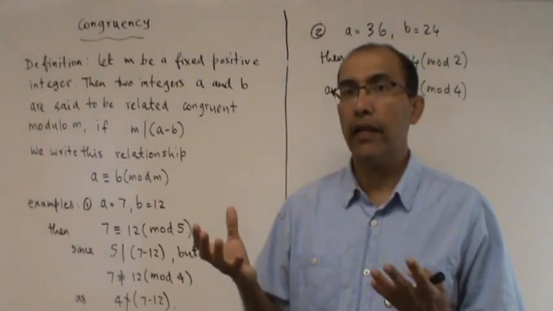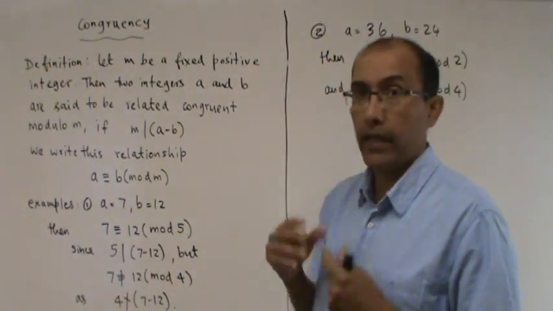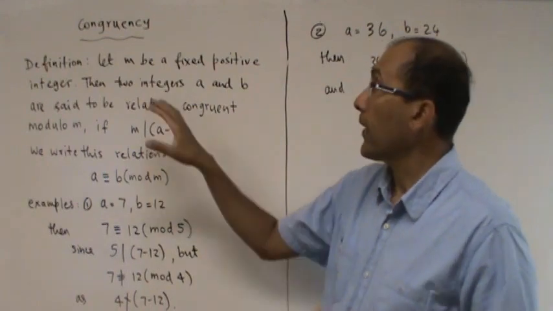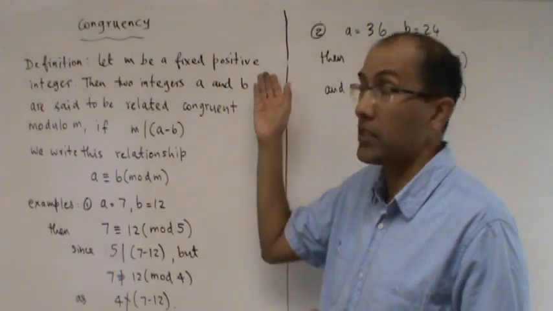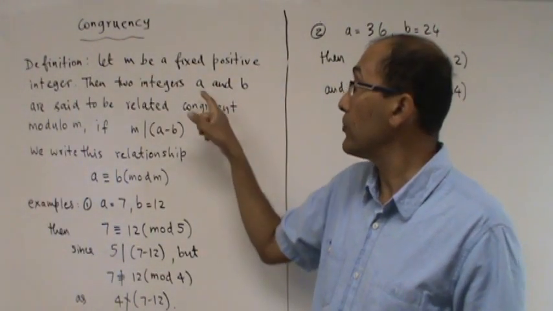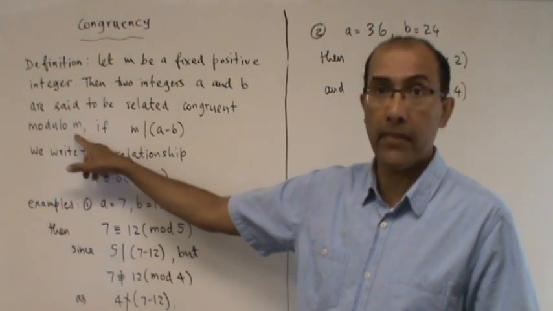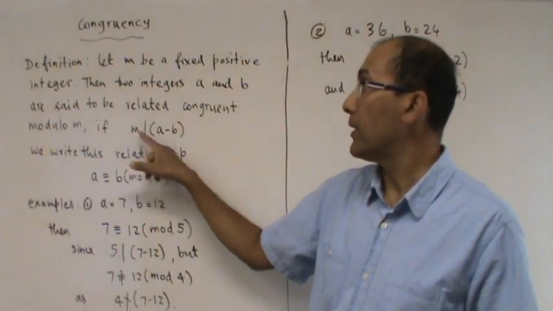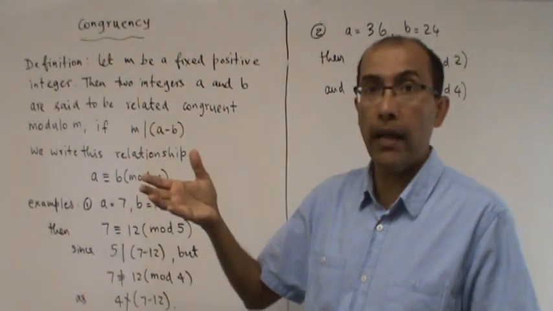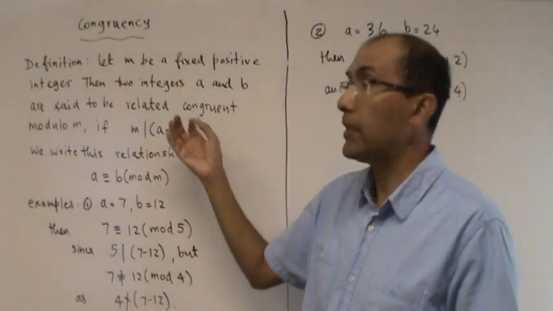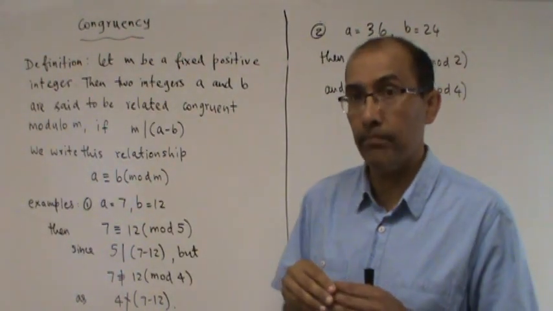This brings us to our next topic, congruency. And again, a very simple idea. Let m be a fixed integer, so it's an integer that we know, a positive integer, that's important. Then two integers a and b are said to be congruent modulo m if m divides the difference between a and b. So if a minus b gets divided by m, then we say that a and b are related, through congruent modulo m.